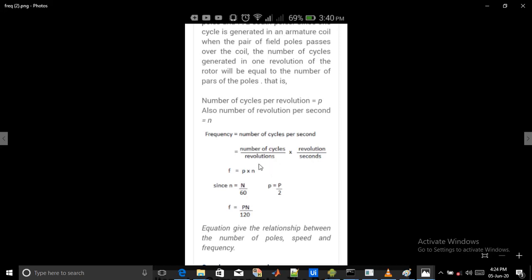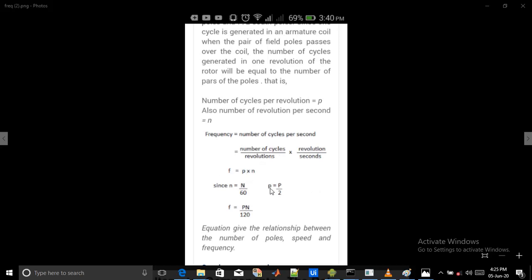So to convert it to revolution per second, you divide it by 60, right? You divide it by 60.